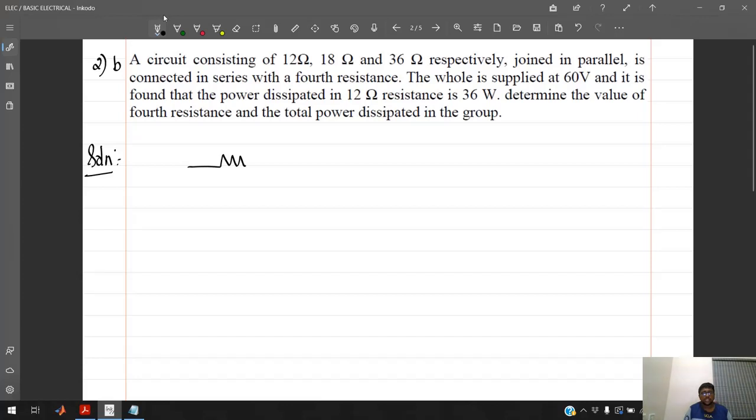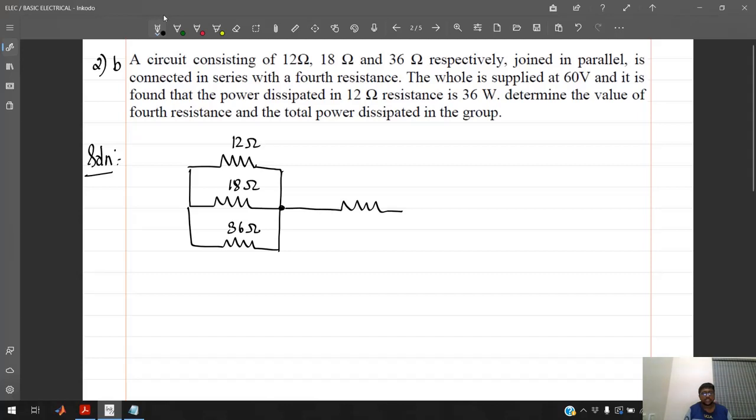So it is given that you have three resistors which are connected in parallel, one of 12 ohm, one of 18 ohm, and the third one is 36 ohm, which is connected in series with the fourth resistance. Let me name it as R. They have not given the value.